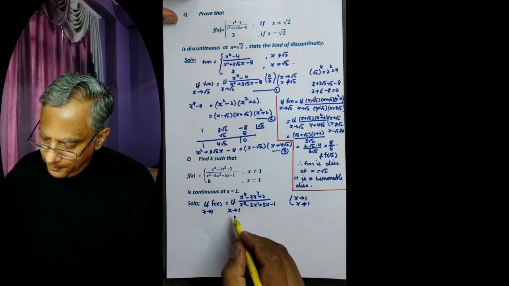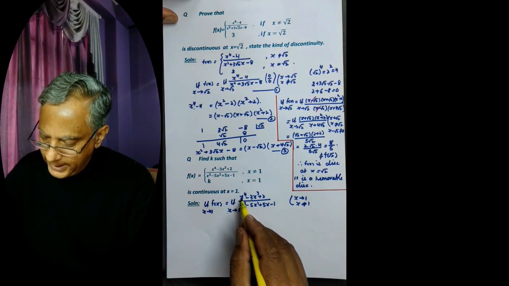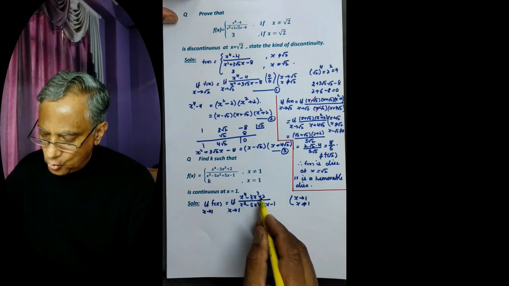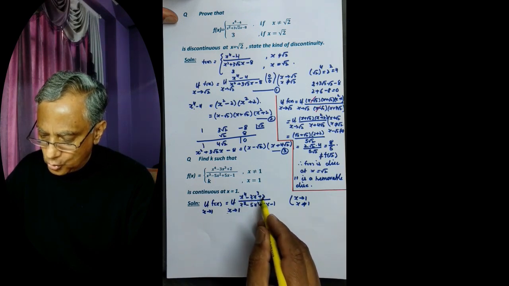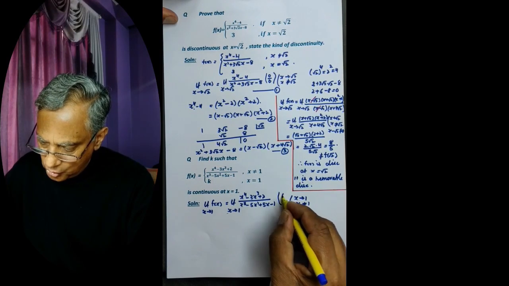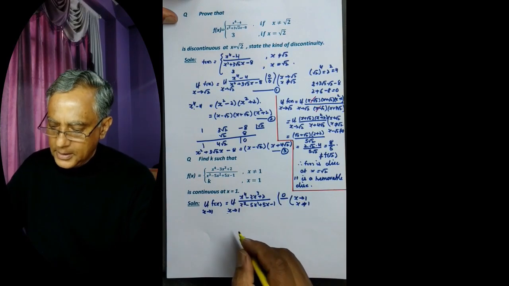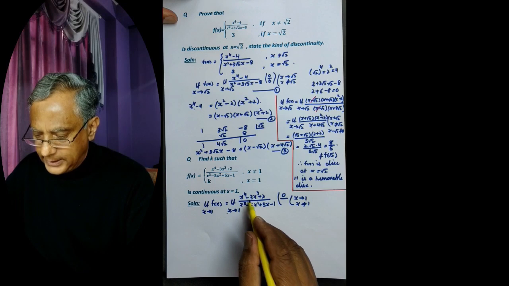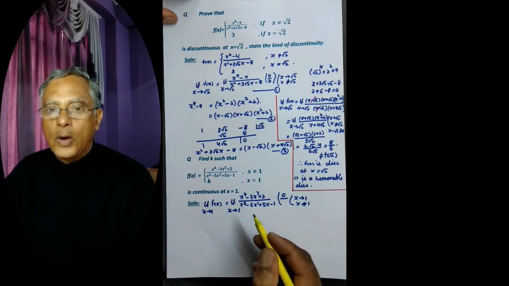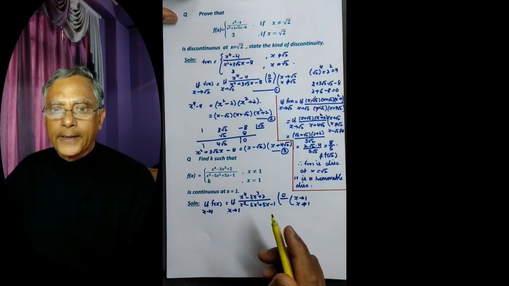Now, if we put x equal to 1, so 1 minus 3 into 1 cube is 3 plus 2, 1 − 3 + 2. So 3 minus 3 is 0. Numerator is 0. And we know when on putting x equal to 1, this is 0. Therefore, x − 1 must be a factor.